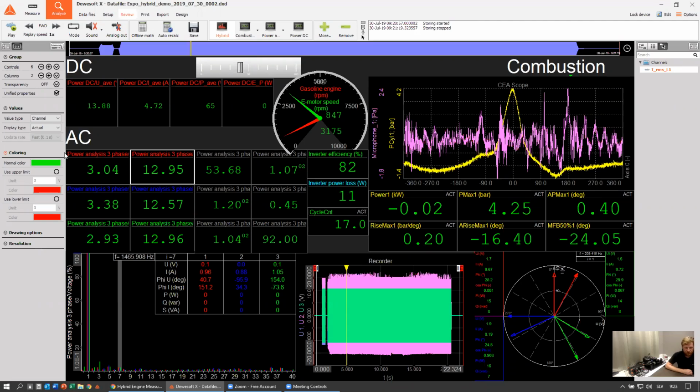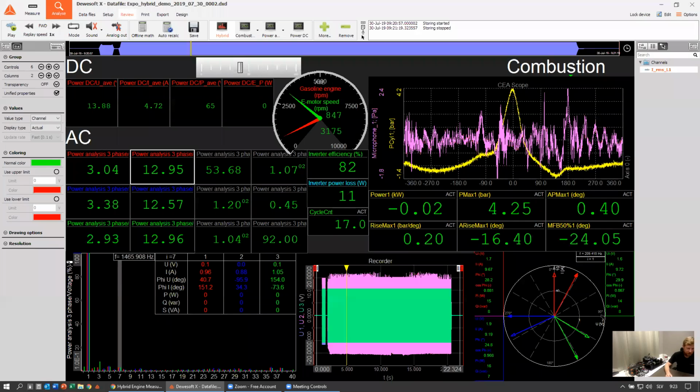And since we do a complete analysis of the DC power source and the AC power source, we can also calculate the inverter efficiency. So what are the losses between the DC power source and the AC power source? What is the efficiency in percent? What is the actual power loss, which is basically heat dissipation from the inverter and the motor?